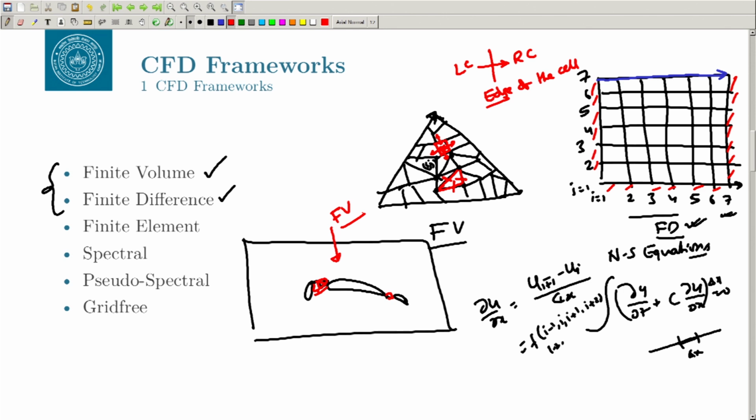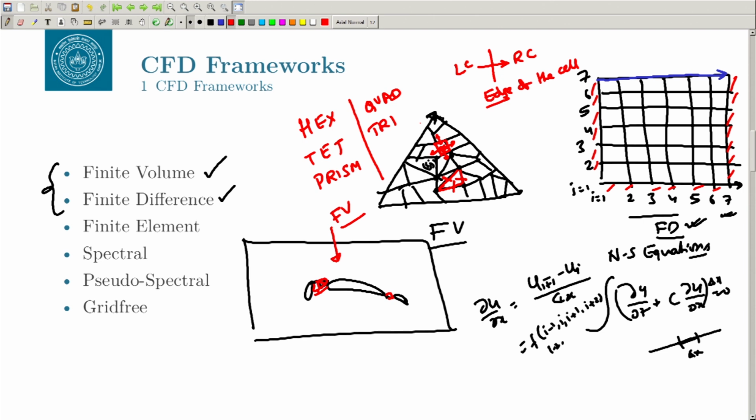So, there are hexahedral cells, you will have tetrahedral cells, then you have prisms, and in 2D you can have quadrilaterals, triangles and so on.